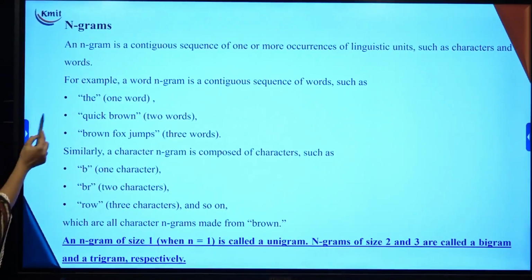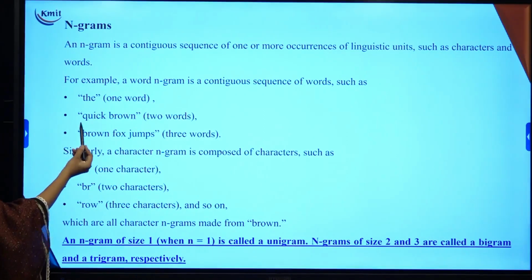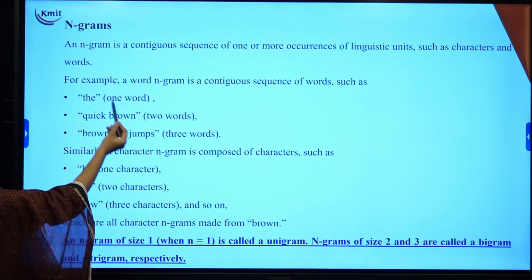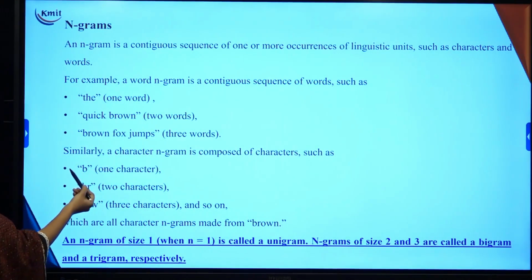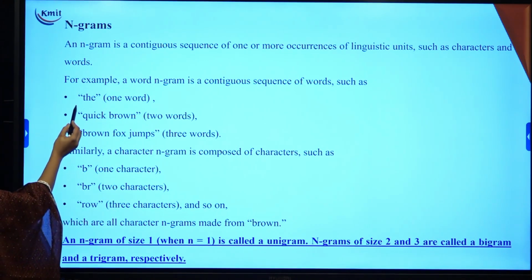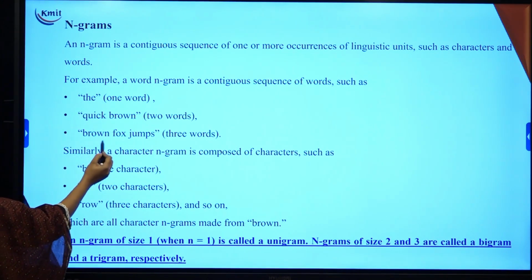When I talk about words: "quick" has only one word, "brown fox" is two words, "jumps over the" is three words. When I talk about characters: B is one character, BR is two characters, ROW is three characters. So here n is 1, n is 2, n is 3.